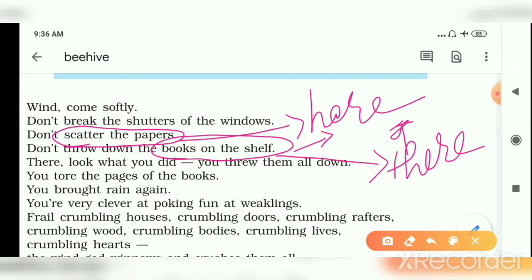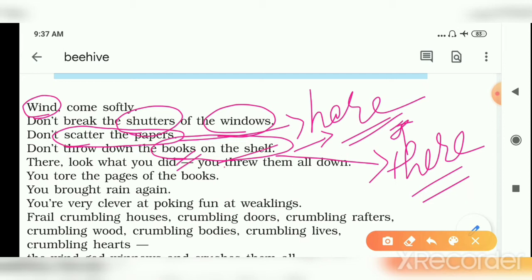This is the capacity of the wind. It can break the shutters. Wind can break windows and the glass of windows. Wind can scatter the papers here and there. Even the wind can throw books which were there on the shelf once again here and there. This is the capacity of the wind.